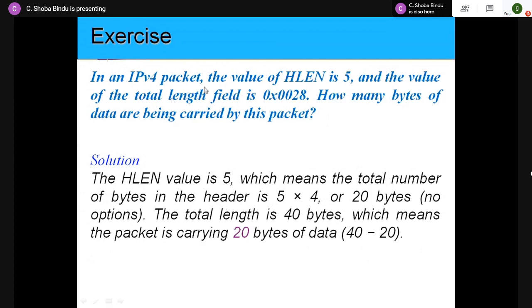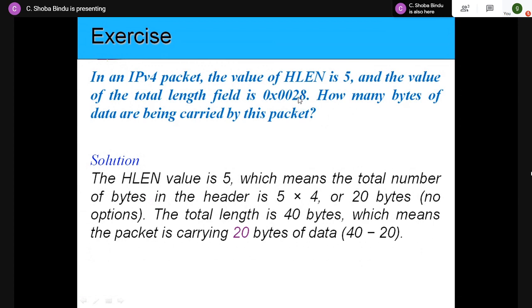In an IP version 4 packet, the value of header length is 5, and the value of the total length field is 0x0028. How many bytes of data are being carried by this packet? First, the header length field is 5. So 5 into 4, 20 bytes is the length of the header. Now the total length is 28, which is in hexadecimal.